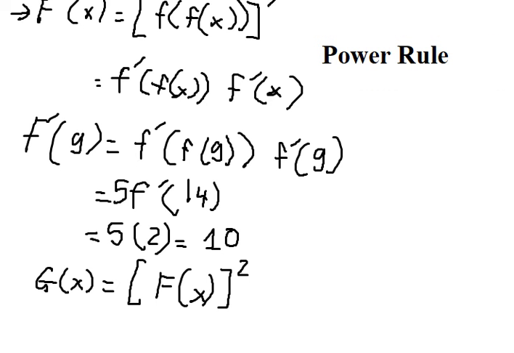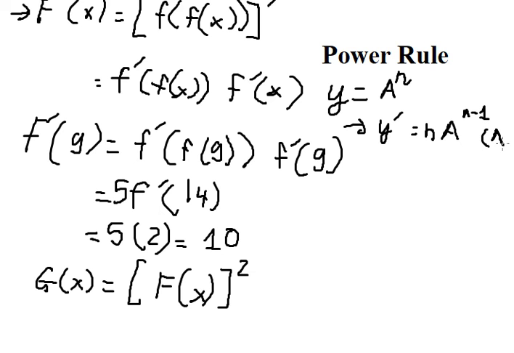So we have y equals to capital A to the power of n. So if we do first derivative, we have n a to the power of n minus number 1. Later, we do first derivative of capital A.